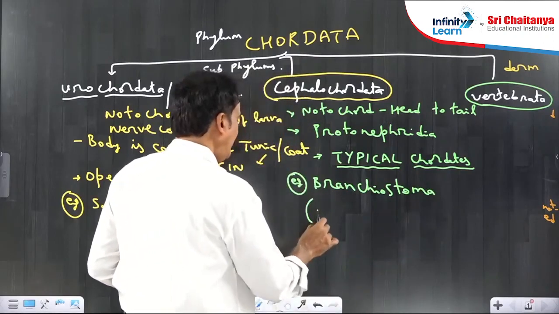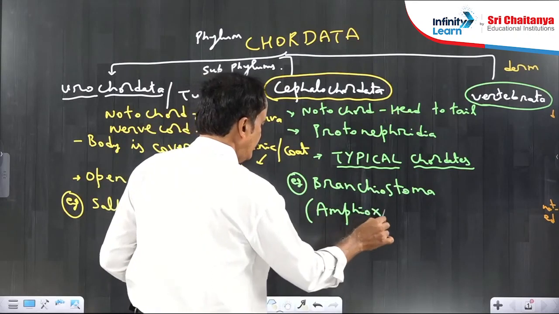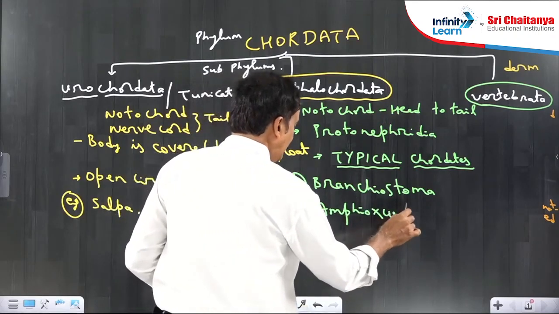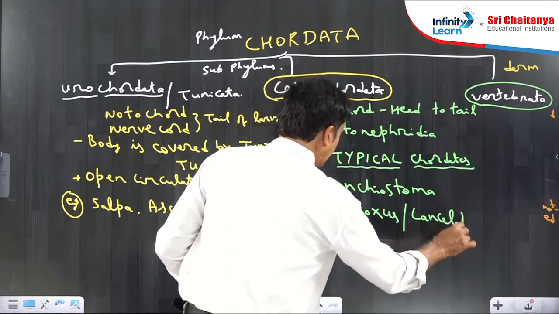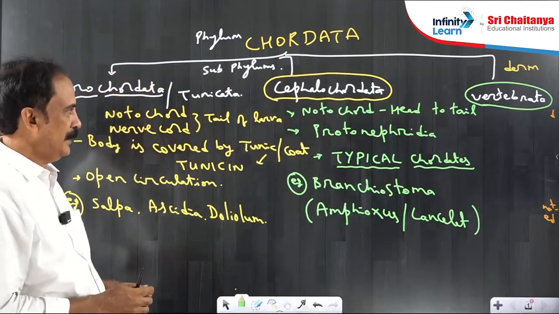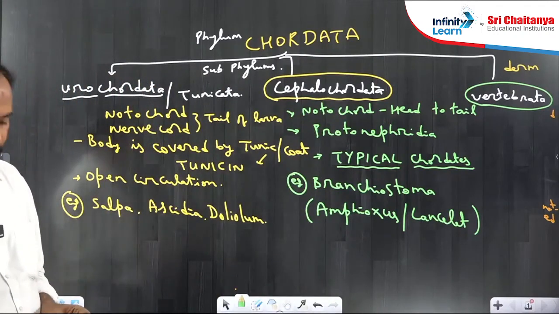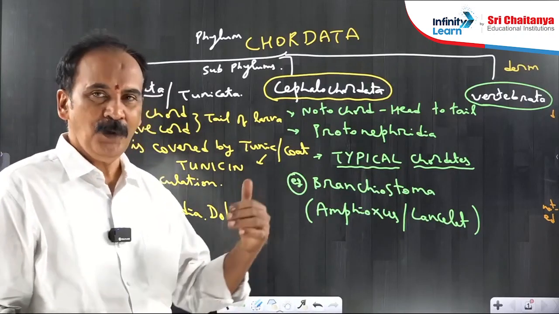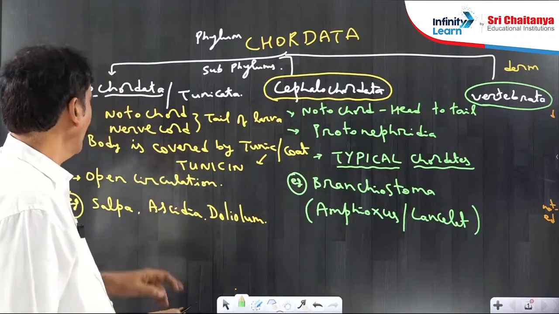Branchiostoma is also named amphioxus. They are commonly named lancelets. Branchiostoma, the amphioxus or lancelets, are cephalochordates, which are typical chordates. All chordate characters are seen in the adult stage of the animal.